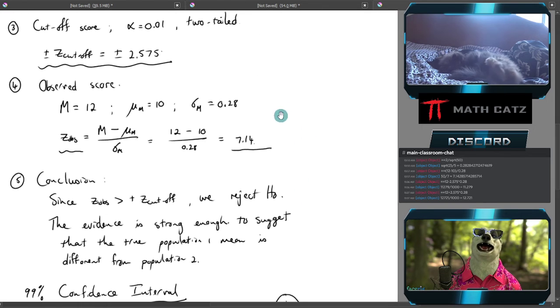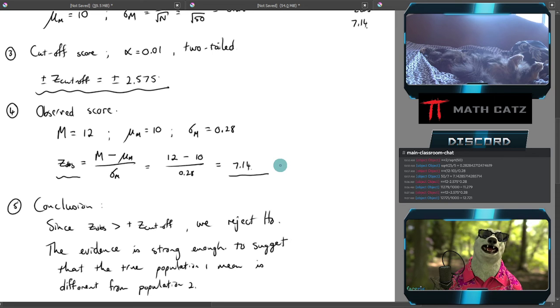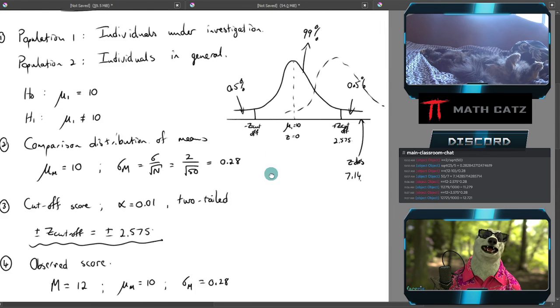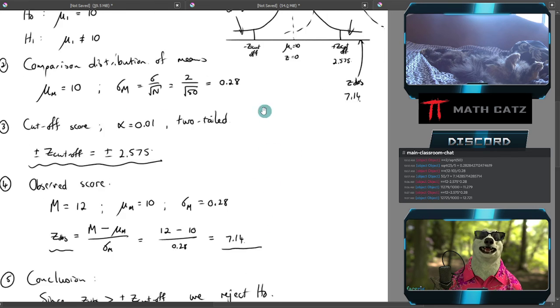We can then make a decision in terms of how extreme we consider this observation to be if the null hypothesis is actually true. If it's very extreme, it's very unlikely that we would just randomly get this. If the null hypothesis is true, it suggests that the null hypothesis is actually not true and the distribution is actually positioned not at the 10 we assumed.